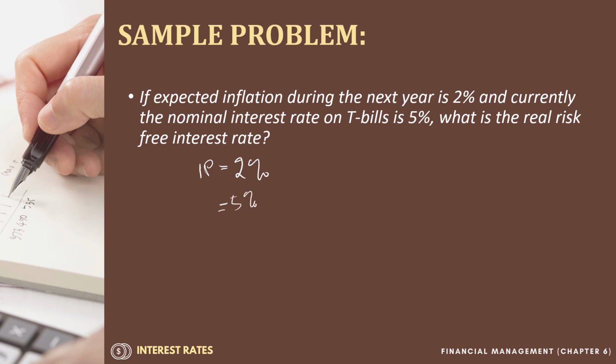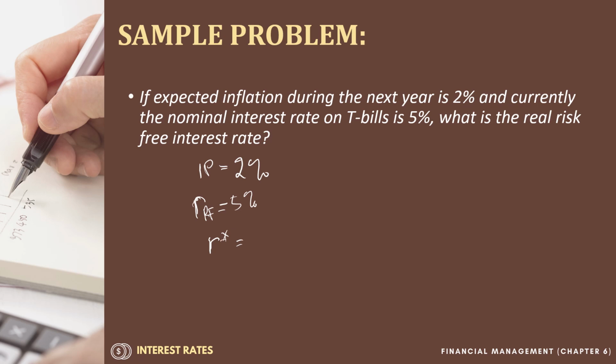So since it is the interest rate on T-bills, we are here referring to the risk-free rate of the T-bills, okay? So that is R. And then the question is, what is the real risk-free interest rate? Okay, so we're looking here for the real risk-free interest rate.